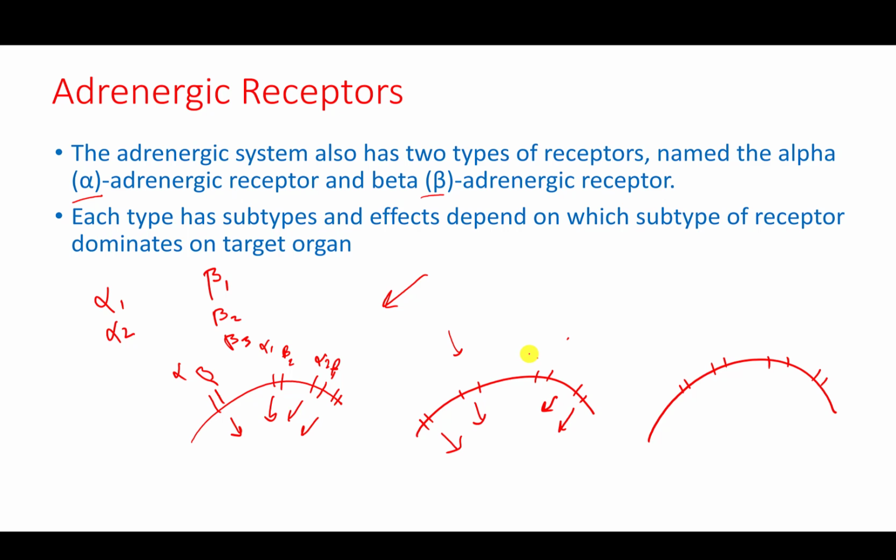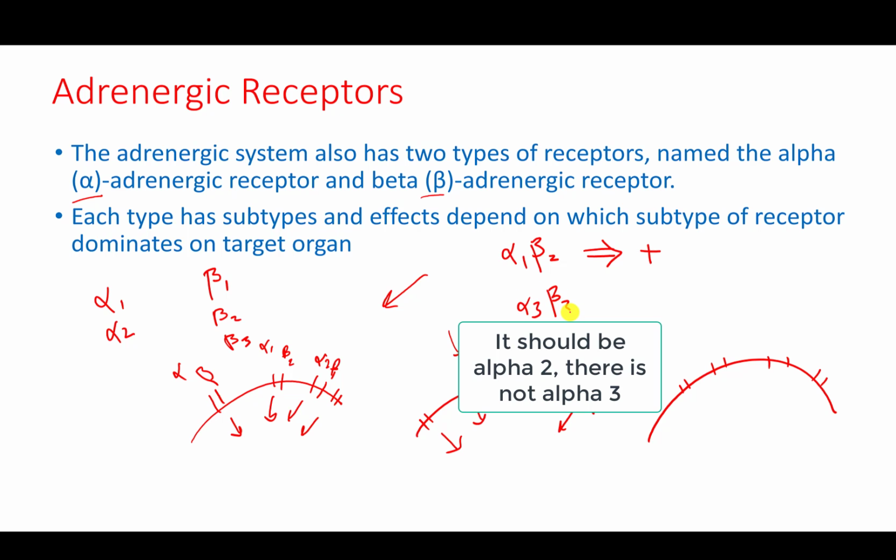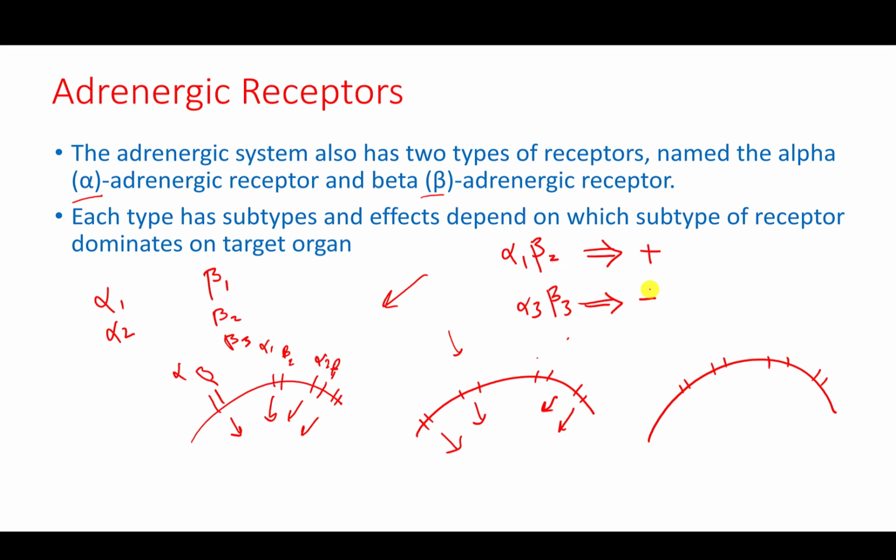So let's say, for example, that alpha 1 beta 2 is going to be stimulatory, whereas alpha 3 beta 3 is always going to be inhibitory, just for the sake of example. And let's assume that this organ or this cell has at a certain point most of its receptors as alpha 1 beta 2, alpha 1 beta 2, alpha 1 beta 2, and so on, versus just one alpha 3 beta 3.